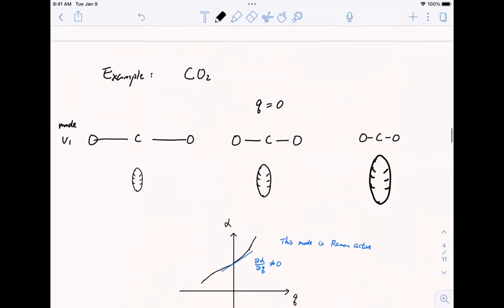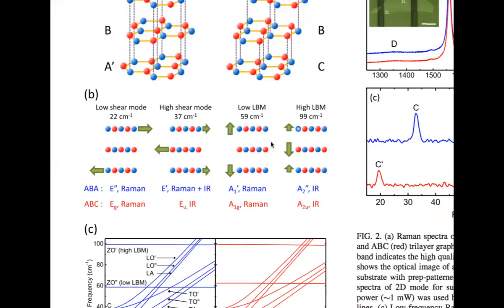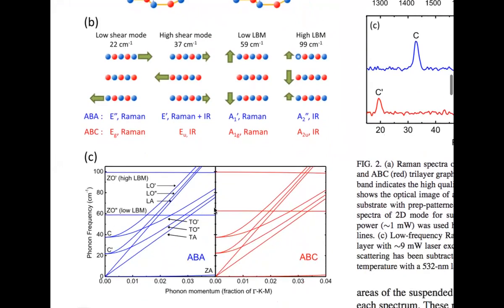And in this mode, these two just go this way and this one doesn't move. So it is just the same as carbon dioxide. The same for both the shear mode and the layer breathing mode, they're just in different directions. And this one stretches the bond more, so it has a higher energy. So you see these two here, the layer breathing modes, high and low.